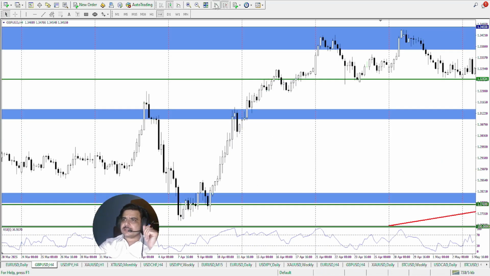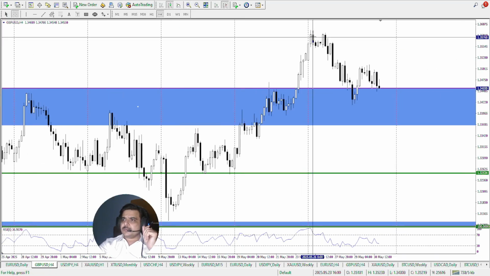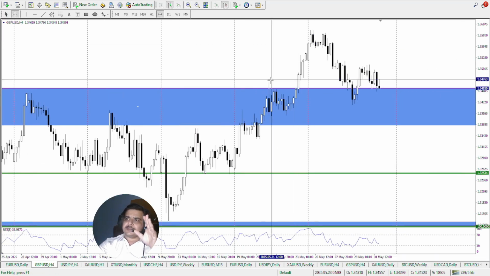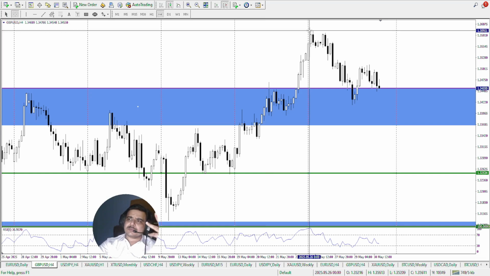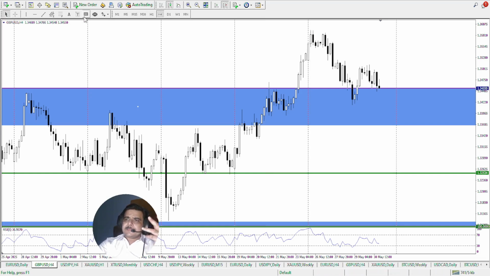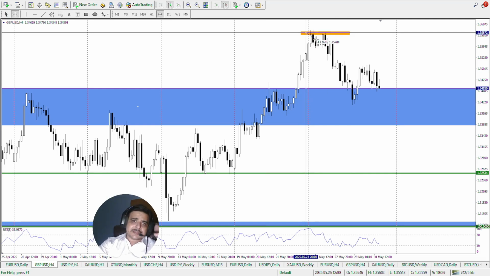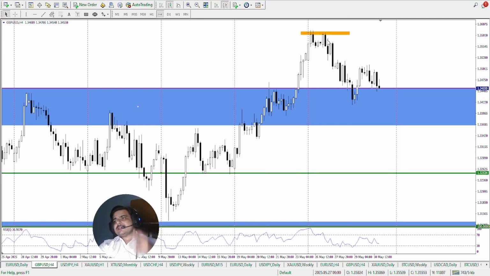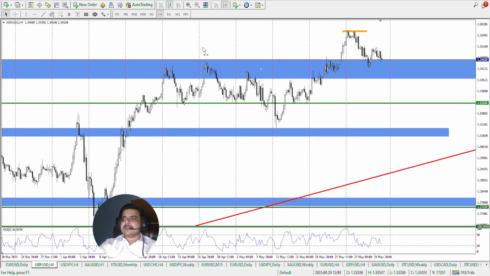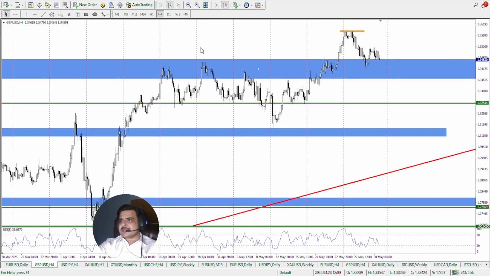So this was the weekly. In the previous week, what I said about the pound dollar is that this is not a buying zone. So those who took buying decisions right here, well, that's their complete mistake. Just like last week, I also discussed this level.